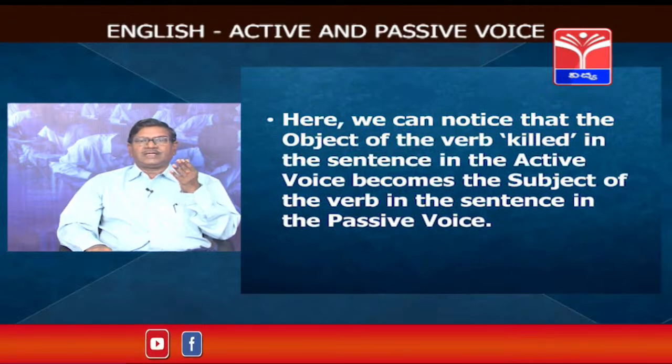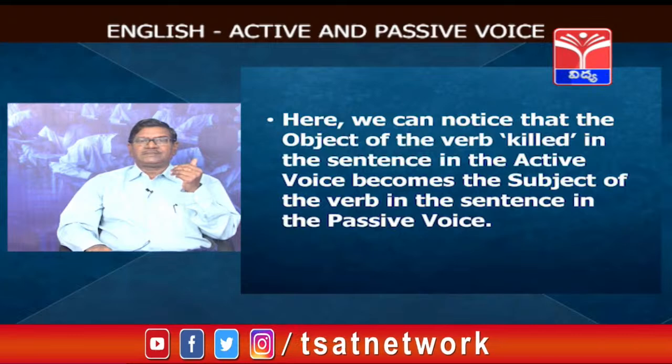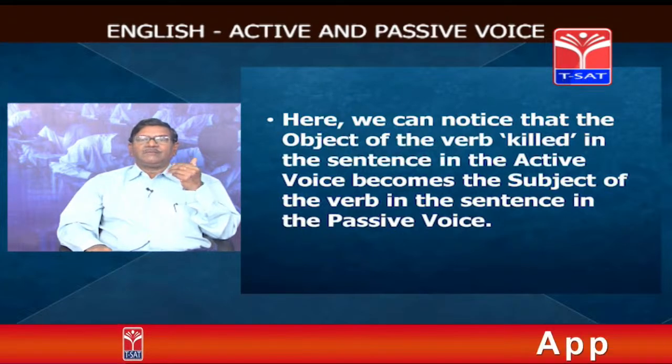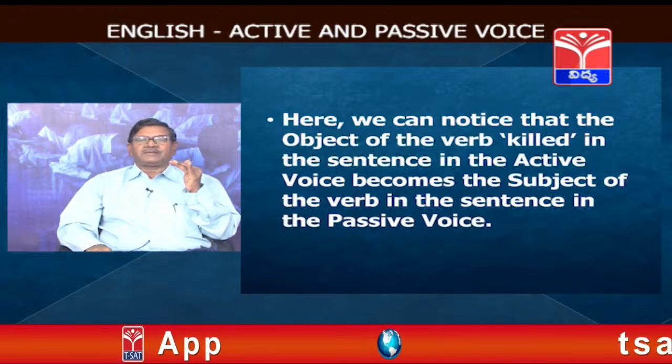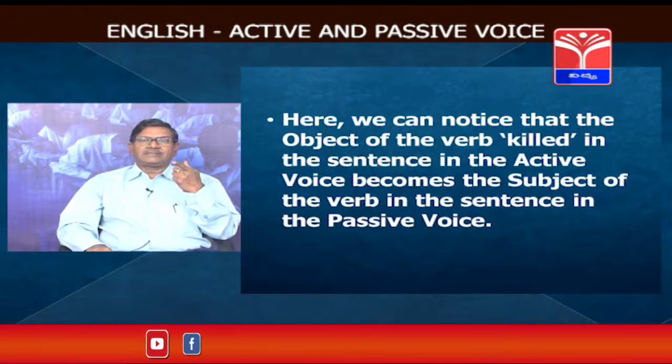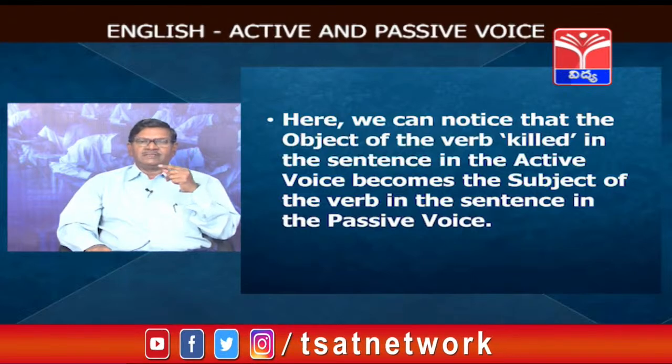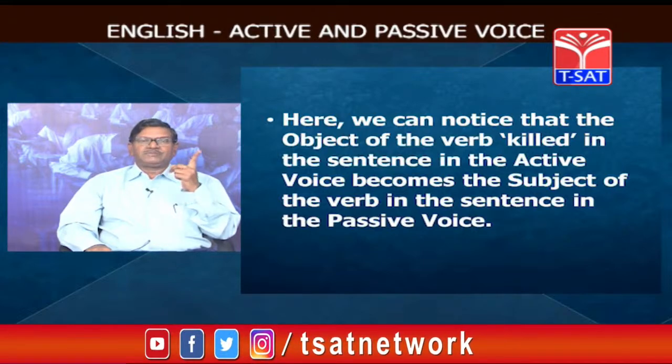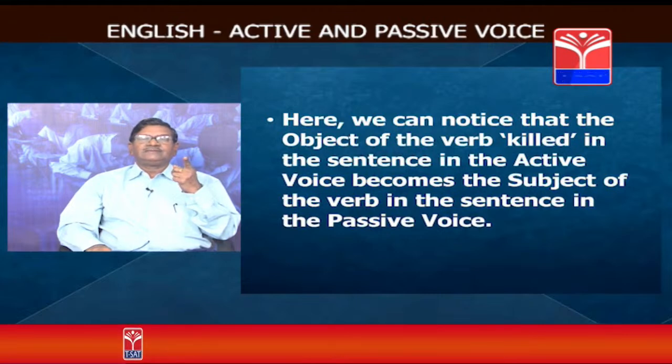Here we can notice that the object of the verb killed in the sentence in the active voice becomes the subject of the verb in the sentence in the passive voice. Tiger is the object in the sentence in active voice, and it becomes the subject again in passive voice.